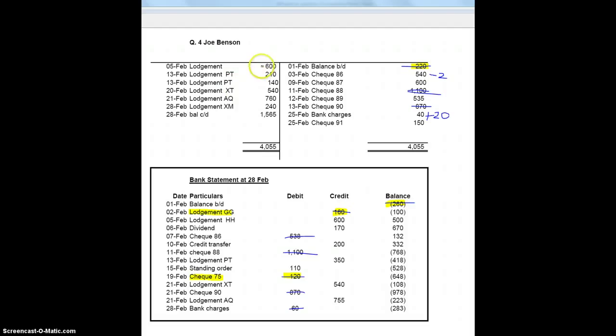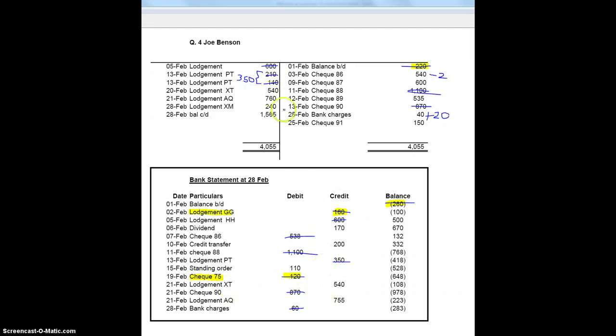This lodgement matches here, 5th of February and the 5th of February. Lodgement PT was for 350 on the 13th of February, and the two of them together, 210 and 140, add up to 350, so that together matches that 350.